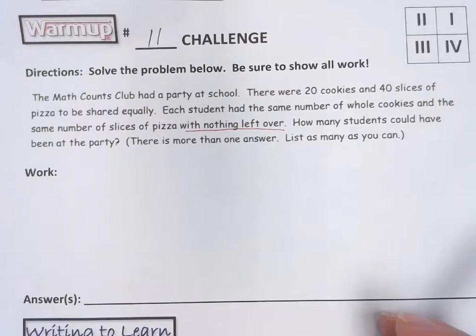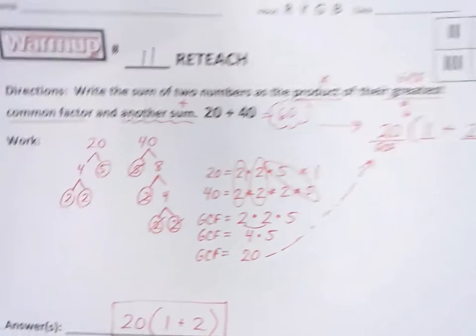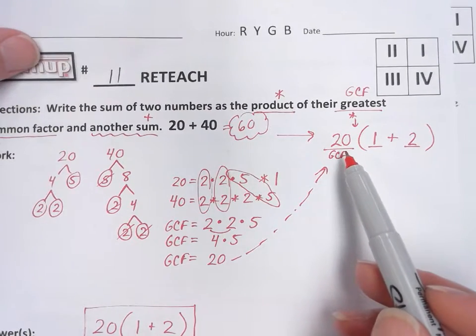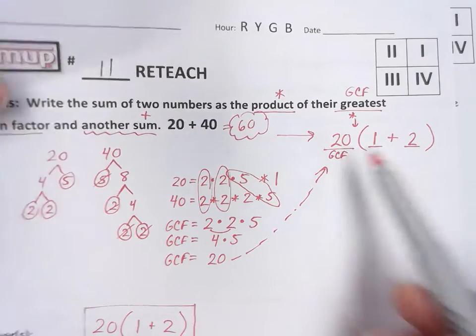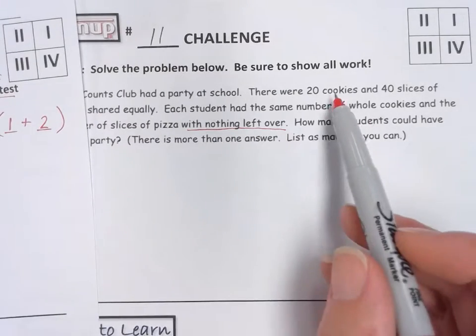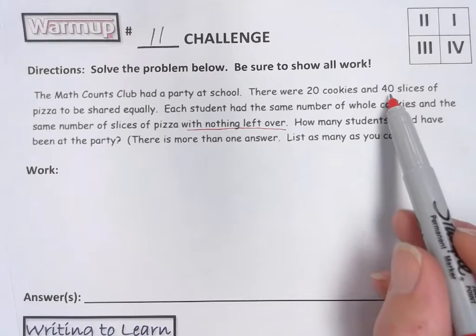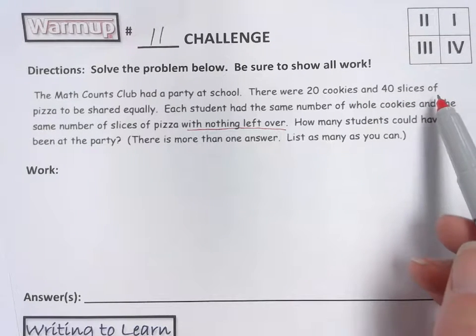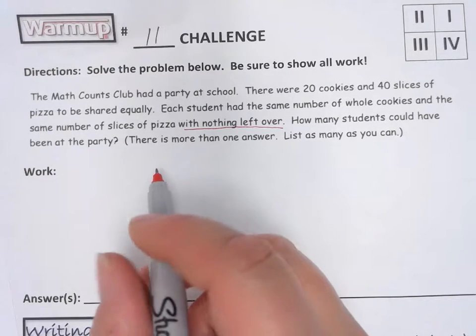If you think back to our work a minute ago, you discovered for us that we could make 20 groups. Well, that could represent 20 students. If there are 20 students, the 1 comes from the cookies. There were 20 cookies. And the 2 comes from the slices of pizza. There were 40 slices of pizza. So one possibility I already know comes from my factor trees.